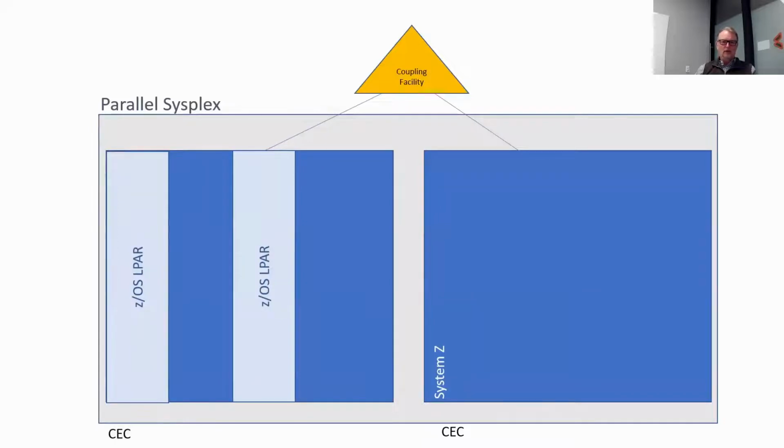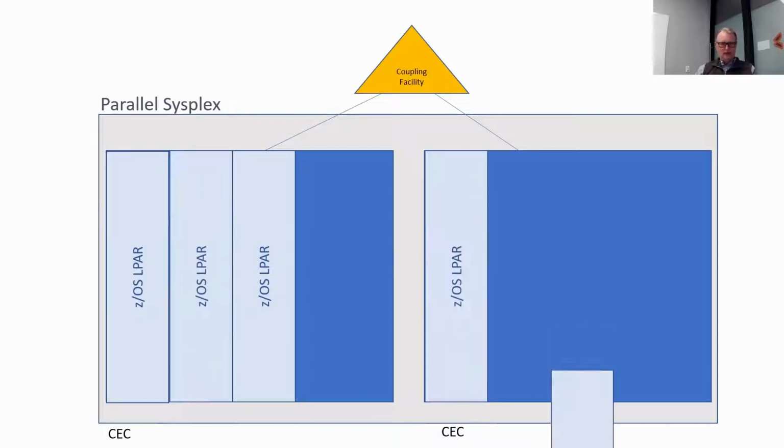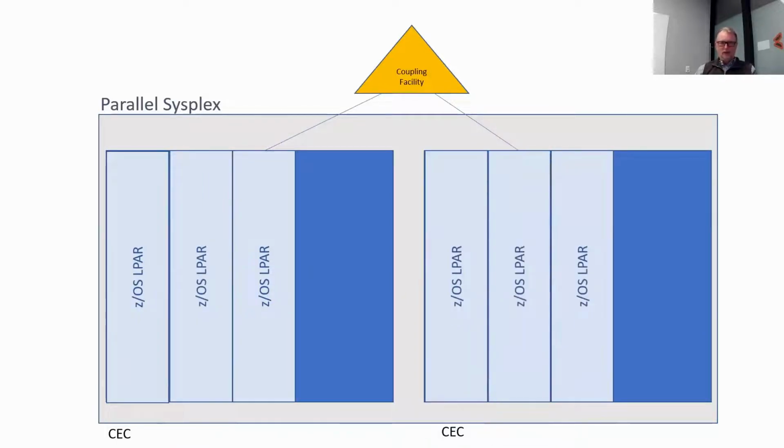So you could have two LPARs that are sysplexed together, or the LPARs could be on different machines and sysplexed together. So a sysplex is just a grouping of logical partitions. I'm going to go into a little bit about what a logical partition, or an LPAR, as it's always referred to, is in a minute.